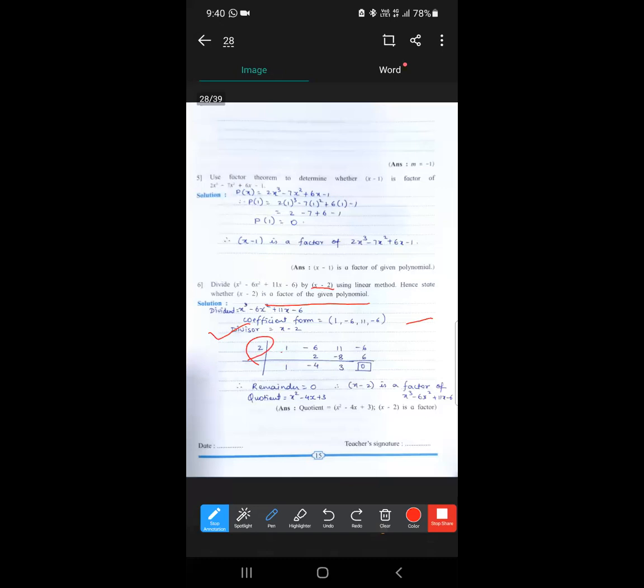First coefficient as it is, 2 ones are 2. -6 plus 2 is -4. -4 into 2 is -8. 11 minus 8 is 3. Then 3 twos are 6. -6 plus 6 is 0. Now here you are getting the remainder as 0. So from here itself, you can say that x minus 2 is a factor of the given polynomial, because they have told us to check whether it is a factor or not.